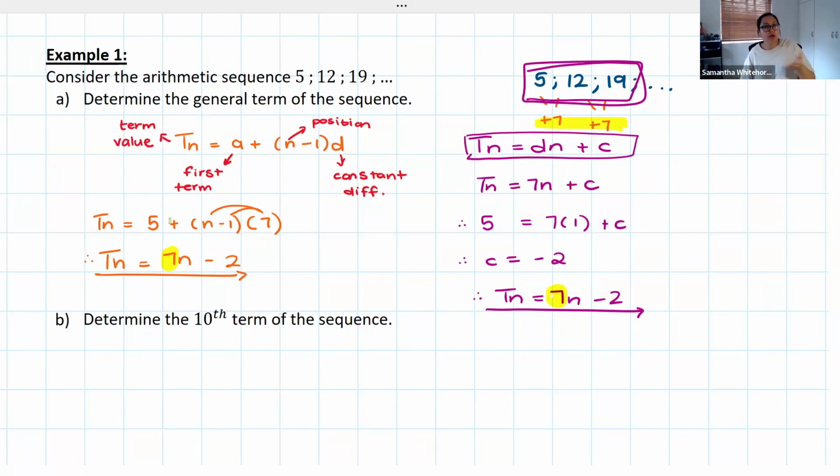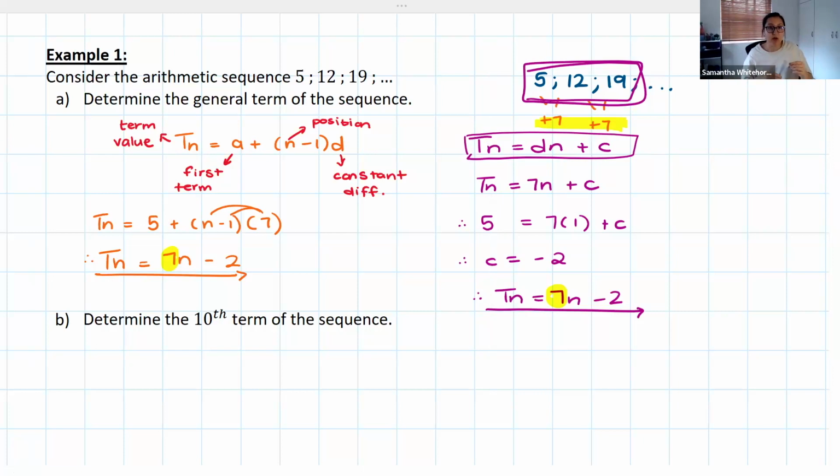So if you know what you're adding or subtracting each time, you automatically have your n term. And then you just have to decide, what do I add or subtract to get each of my terms? So personally, I quite like by inspection. I quite like just figuring it out, but having the formula there is also useful to just sub in and get your answer. So either one, it's completely up to you, whatever makes you happy.